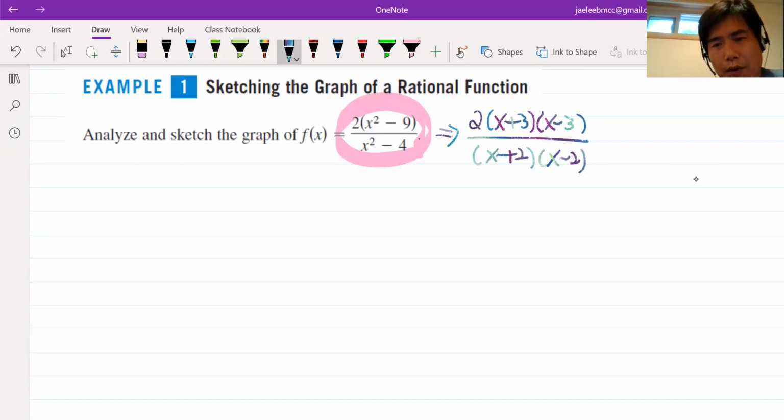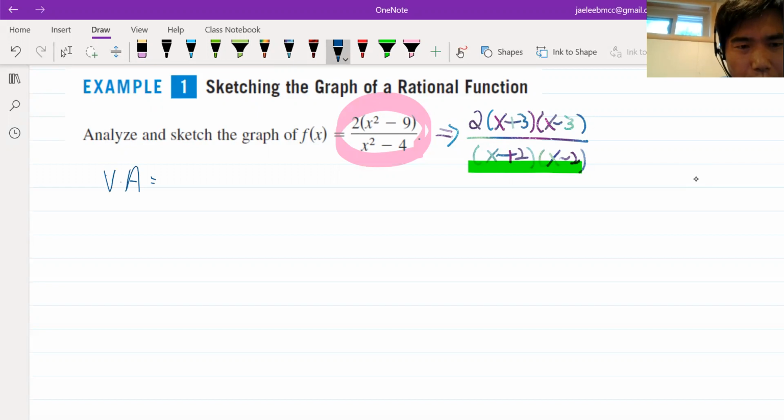Do you see any common factor between the numerator and denominator? No, right? Which means both of those are vertical asymptote values. So we find the vertical asymptotes are x = 2 and x = −2.